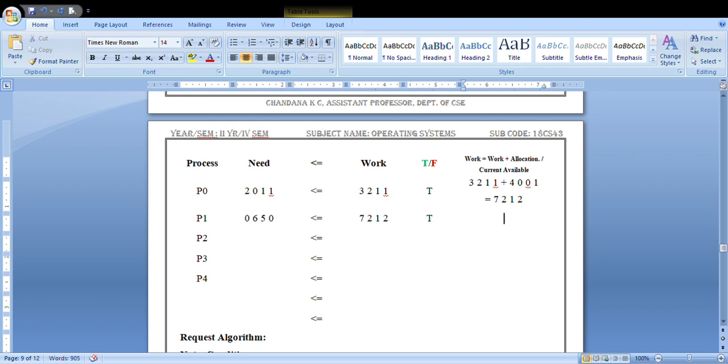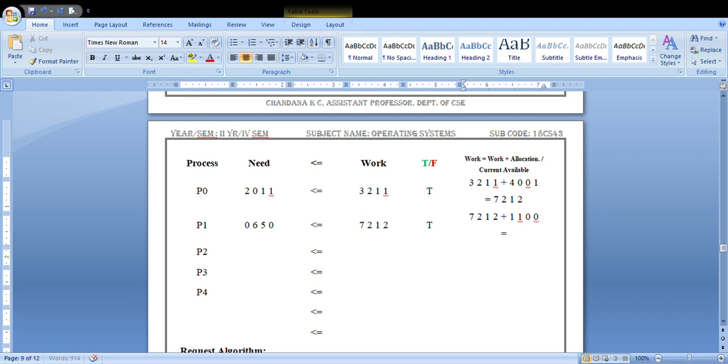Now calculate the new available value. 7212 plus what is the allocation value for this? 1100. Now if you did the summation, what is the new available value here? 7 plus 1, 8, 2 plus 1, 3, 1, 2. This is the new available value.